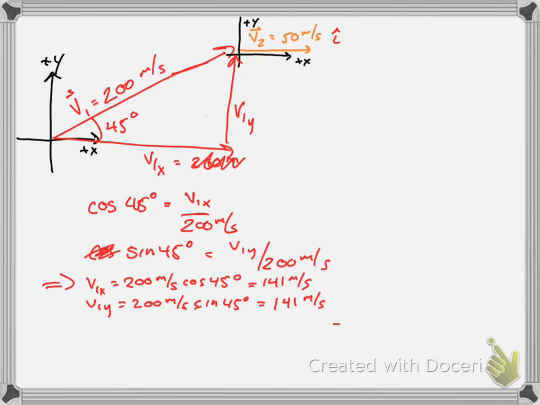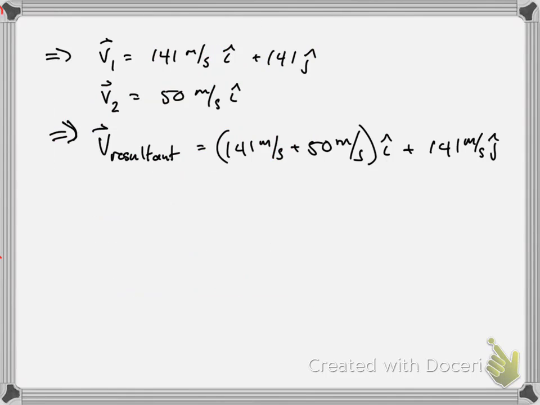So now we'll go to the next page and write out our actual vector sum. v1 is 141 meters per second i plus 141 meters per second j. Whoops, I forgot the units. Meters per second. And v2 is 50 meters per second i. The resultant is the sum of the x components in the i direction plus the sum of the y components in the j direction.